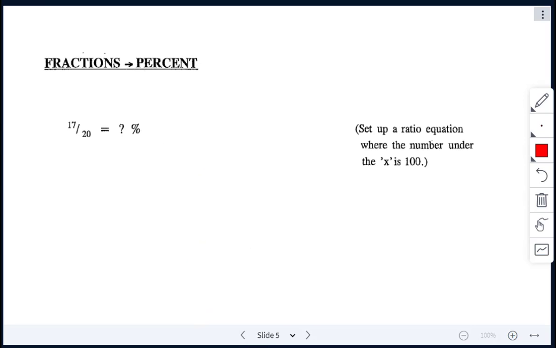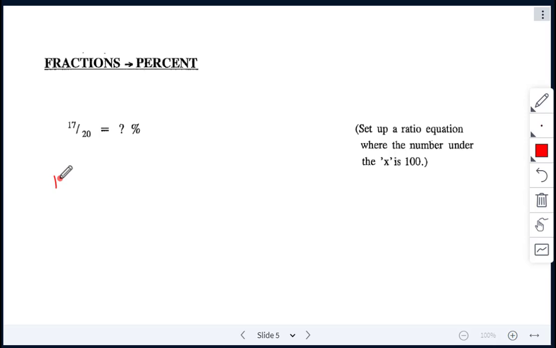All right, so next we're looking at a fraction, and we need to put it into percent. So from a fraction to a percent, all you're going to do is set up a ratio equation. And we're going to set up our second fraction over 100. And then you can use the concept of equivalent fractions to figure out the x portion, or you can use cross multiplication as well.